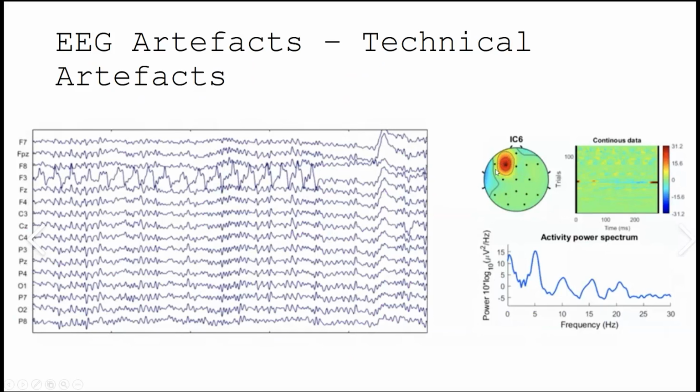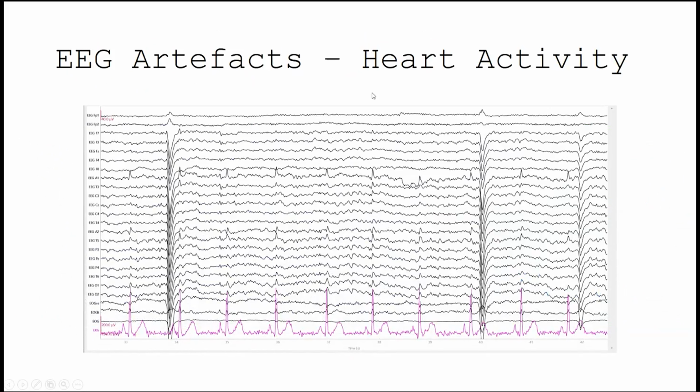And everything that is only at one electrode is very suspect of being an artifact. And in this case, it's not an eye artifact or another artifact, but it's a technical artifact, meaning that this electrode, for example, has a high impedance. Remember, that was the resistance of the electrode, measuring how well the current can flow between.